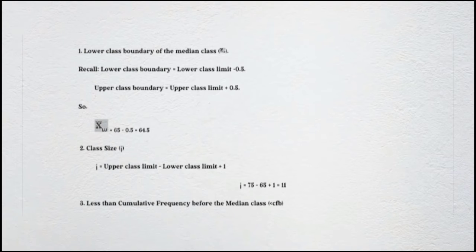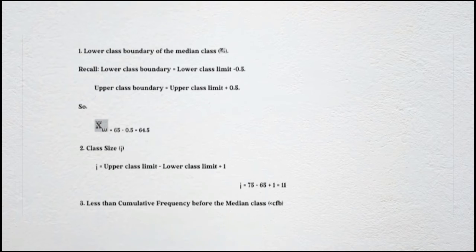The lower class boundary is equal to the lower class limit minus 0.5. For the upper class boundary, it is the upper class limit plus 0.5. So the lower class boundary of the median class, 65 minus 0.5, is equal to 64.5. That is our lower class boundary of the median class.